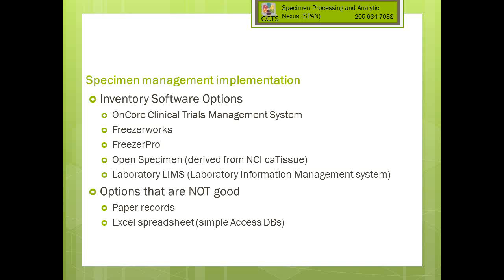When NCI decided that caBIG wasn't really wrapped up to what they wanted it to be, they made caTissue available. It's now been taken over by a company in India. You can still use it for free, but if you want support and customizations, this company will work with you to help you modify the product to satisfy your needs.